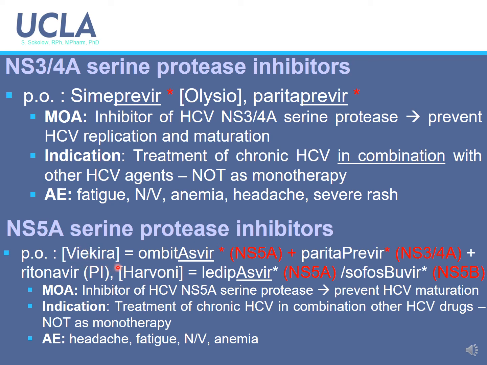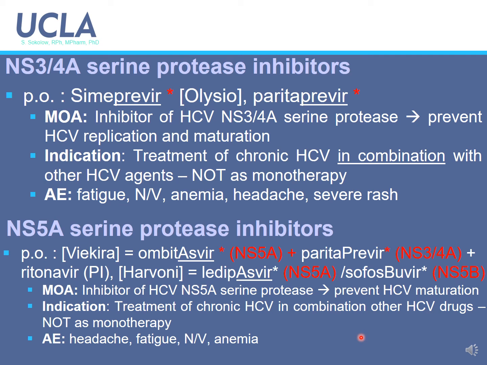Or you have Harvoni with ledipasvir, so it's another NS5A inhibitor, you see they have the same ending, which is used in combination with sofosbuvir. This one is an NS5B inhibitor, which is going to be discussed in the next slide.